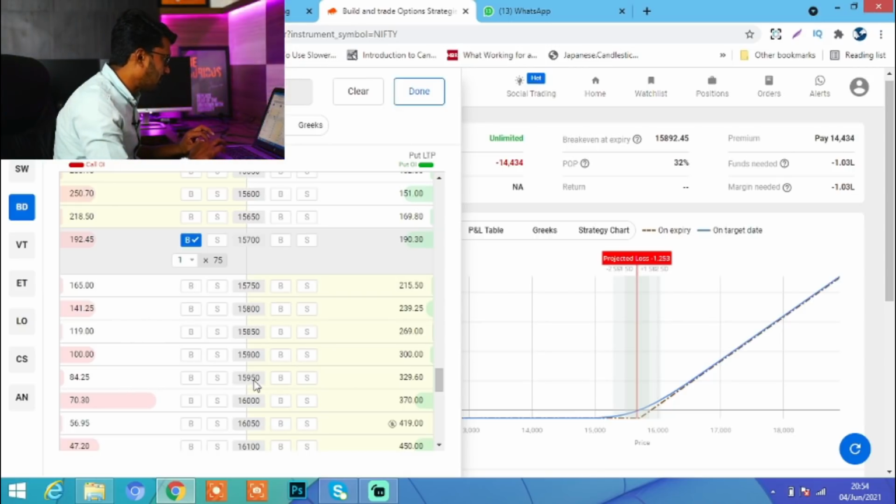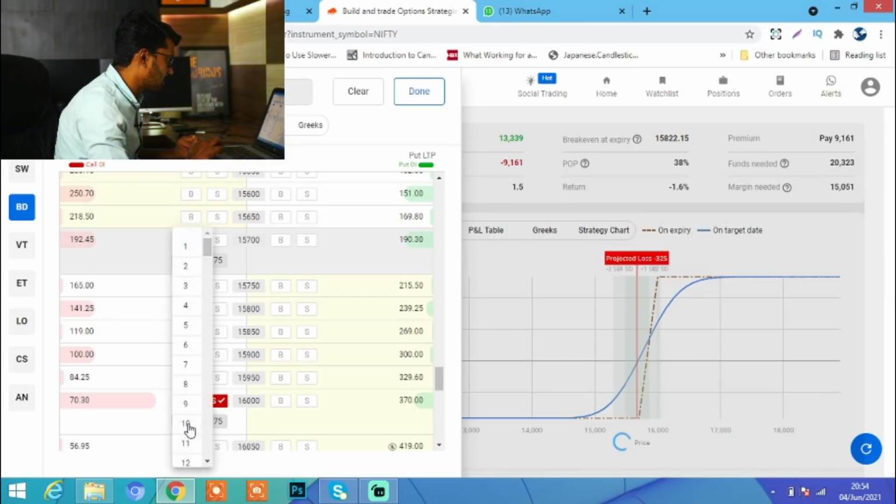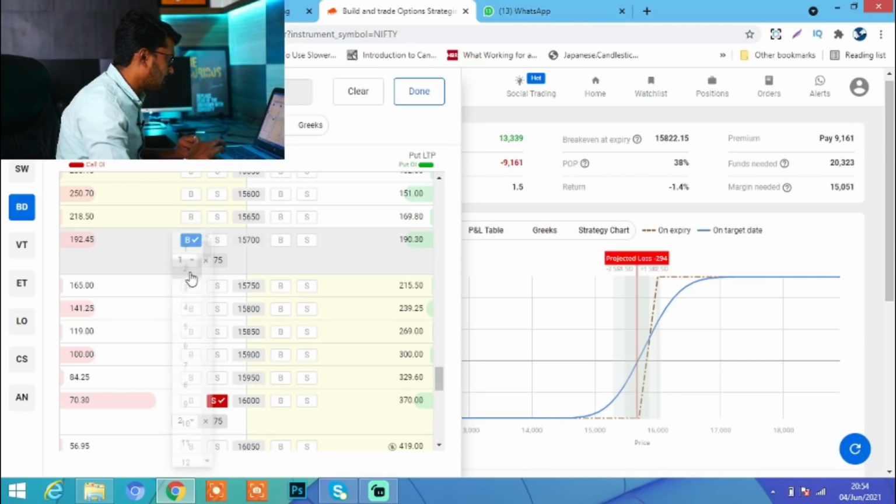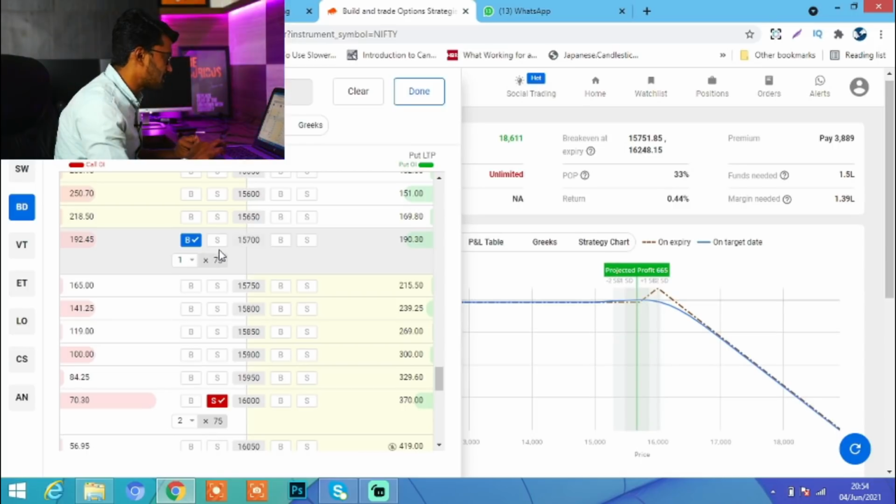So I go and sell the 16,000 call, 2 lots. I have bought 15,700 for 192, one lot, and I am selling 16,000, which is trading at around 70 rupees, 2 lots.